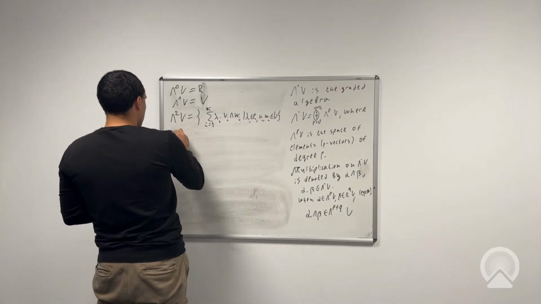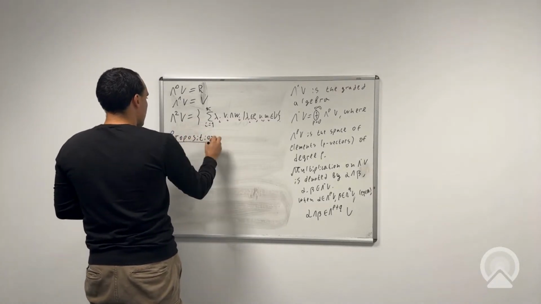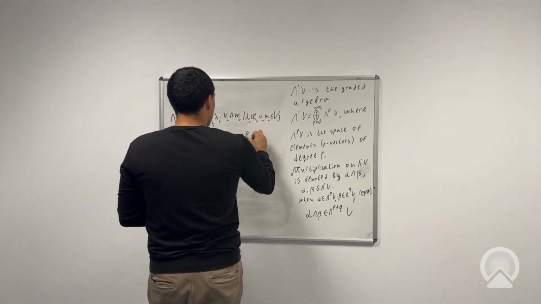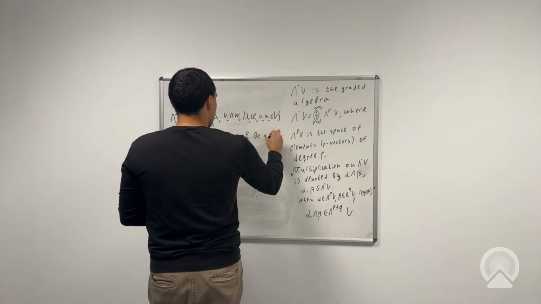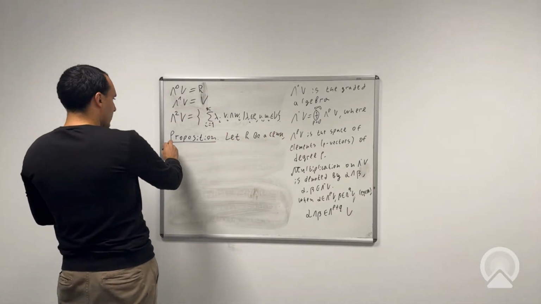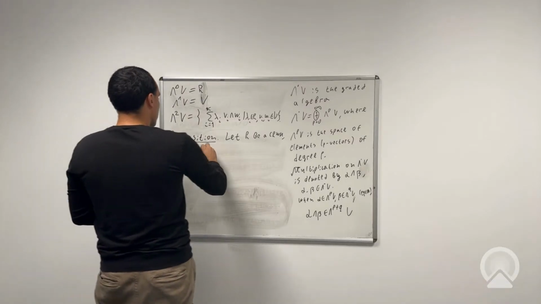Proposition. So let R be a commutative unital ring, V be an R module.